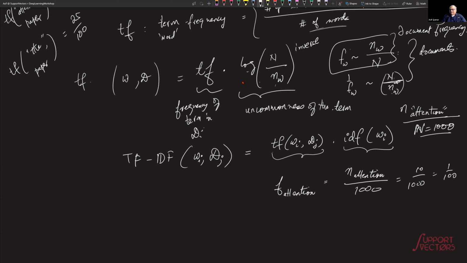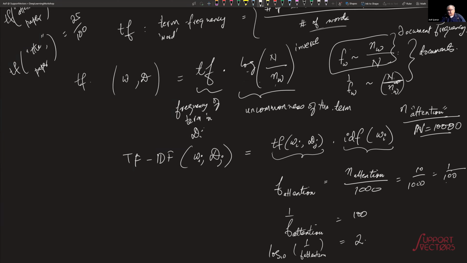And now when I invert this, 1 over f attention is equal to 100. And when I take the log to the base 10 of this, let's take base 10 because it's easier for us, what will this be? 2, right?